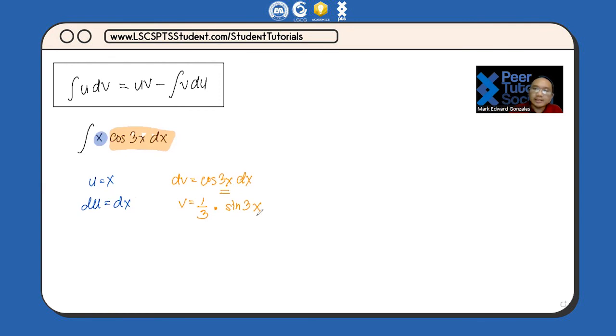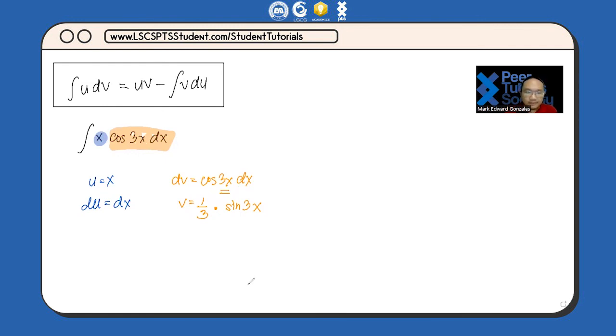If this might be a little bit too quick for now, then we can use the usual u substitution to solve this. However, it also helps to be a little bit accustomed with playing around with substitutions and the chain rule. So if we take the derivative of this one, we'll see that the 1/3 will counteract the 3 from 3x. In any case, let us continue.